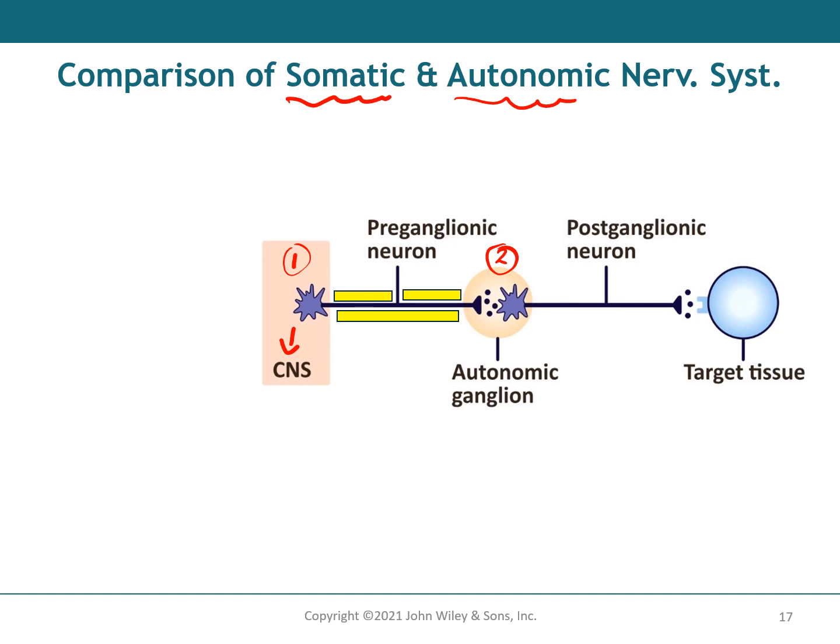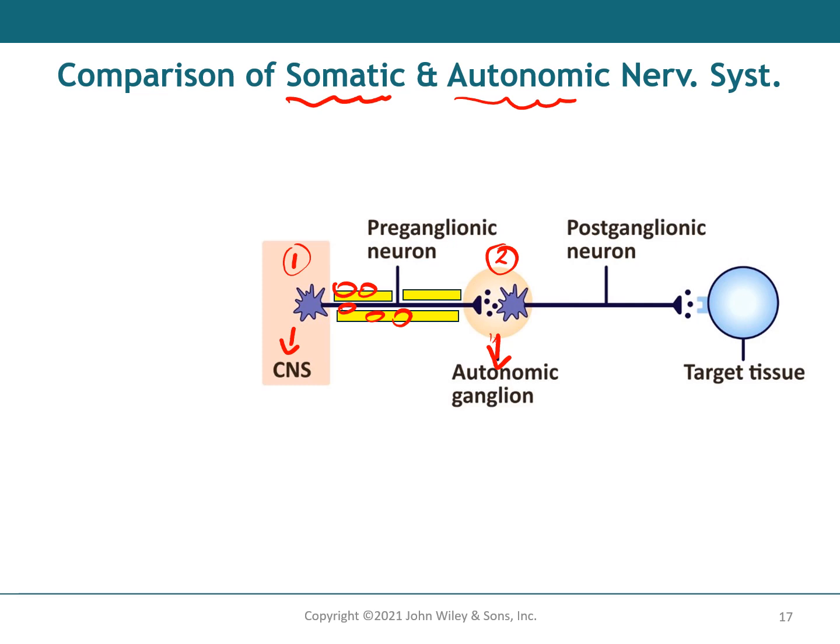Then here is the axon, and this yellow rectangle represents myelin. Then they attach to the second neuron, which will be the autonomic ganglion. If you remember, a ganglion is a cell body in the peripheral nervous system, and you can find it in a cluster or you can find it like this.